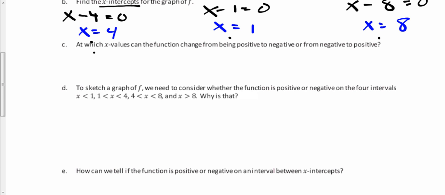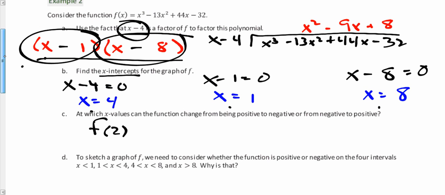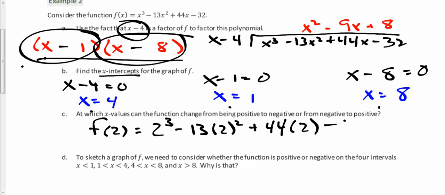2. Okay? F of 2. So what I'm doing here is wherever I see an X, I put a 2. So now F of 2 equals 2 cubed minus 13 times 2 squared plus 44 times 2 minus 32.